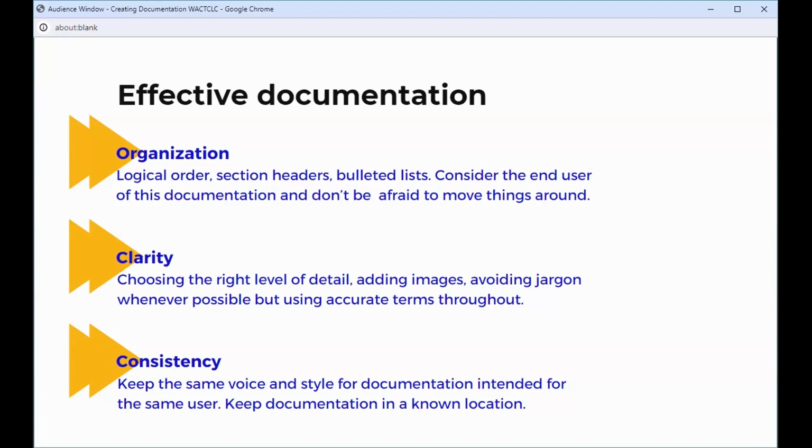So knowing how much detail to put into your organization, as well as what order things go in. Second thing is clarity, and this is one that I think we all have heard. Librarians tend to be guilty of using some jargon. And so that's one of the things that we need to be really careful about with external documentation.